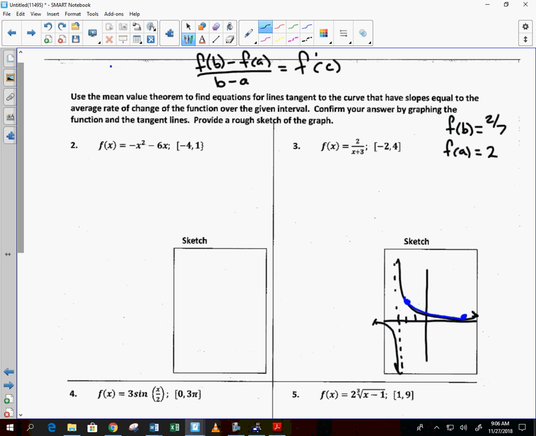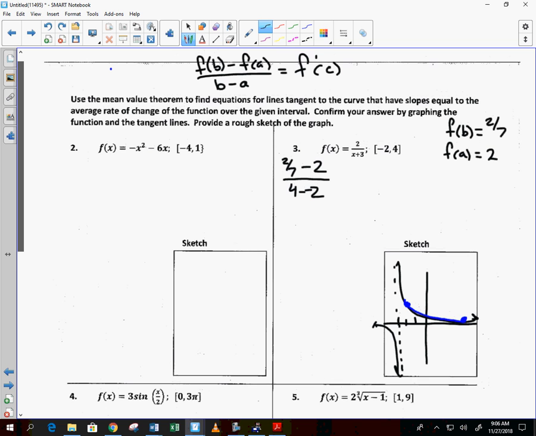So therefore, we have 2/7 minus 2 over 4 minus -2. 2 over 7 minus 2, that would be 14 over 7, so we get -12 over 7 over 6.